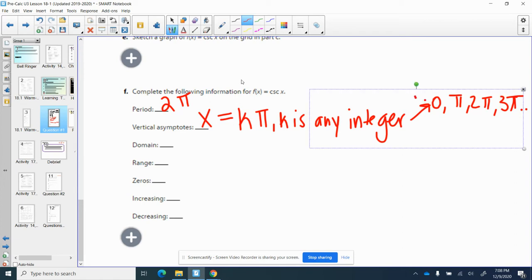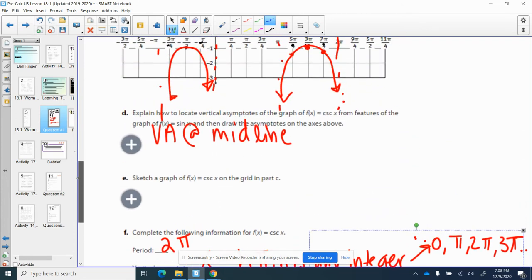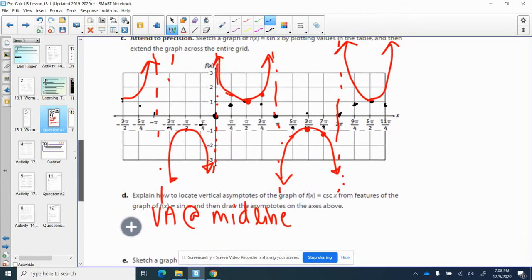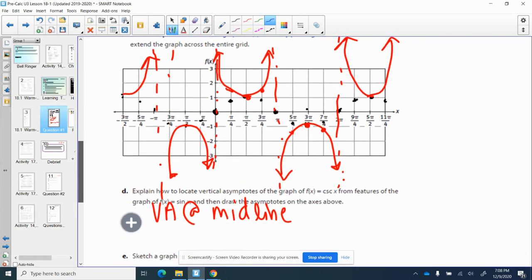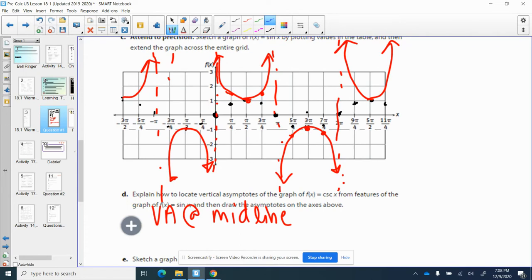Our domain then is essentially anywhere as long as it's not equaling those 0 values where the vertical asymptotes are occurring. And unlike sine and cosine, where we have the max and the min, notice our range is pretty good to go because of the infinity aspect of this, but anywhere inside of this range here is where we did not see any values on our graph.